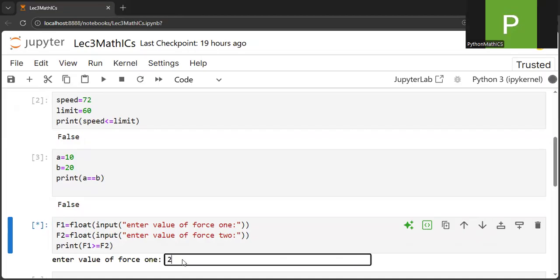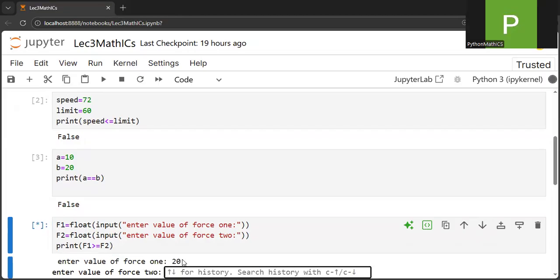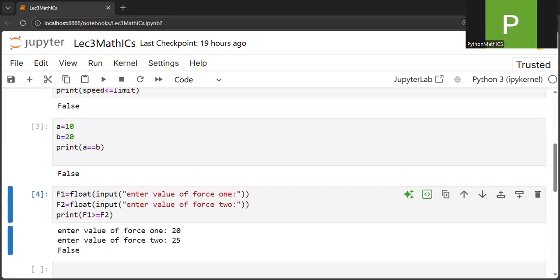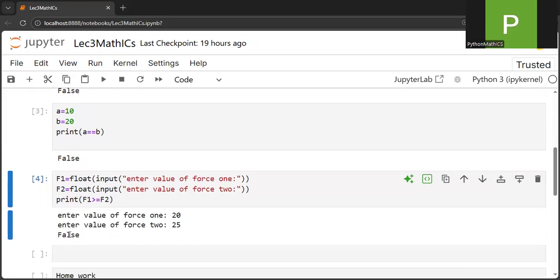Say force 1 is 20 Newton, then force 2 is, for example, 25 Newton. So you understand the answer will be false, right? Hopefully you understand these operators conceptually.